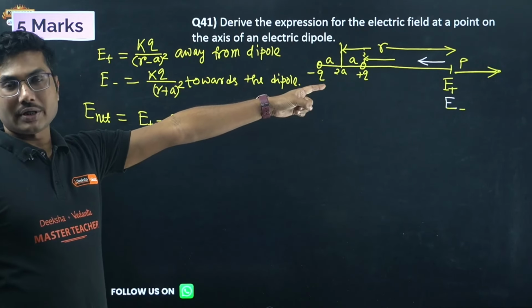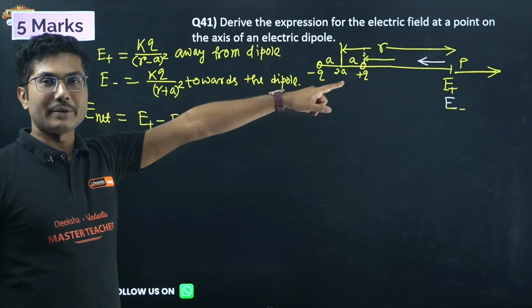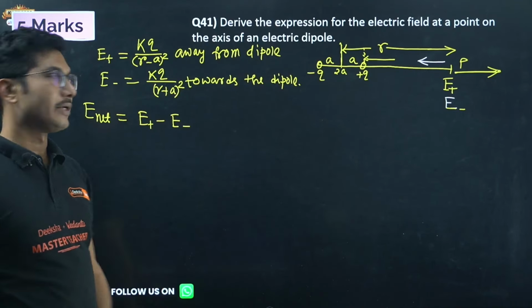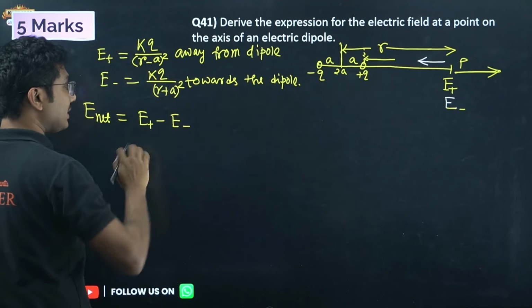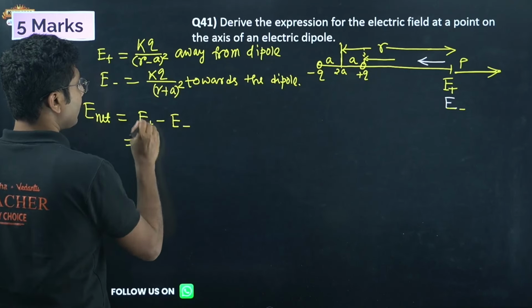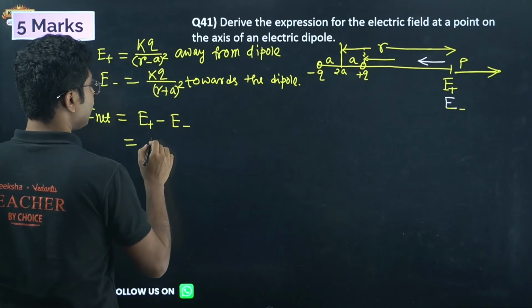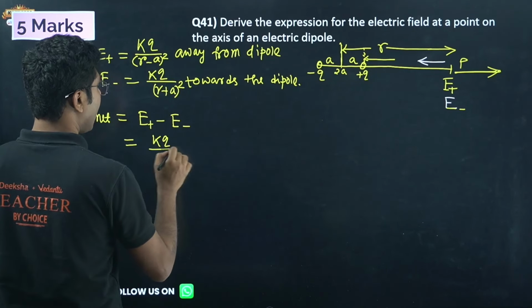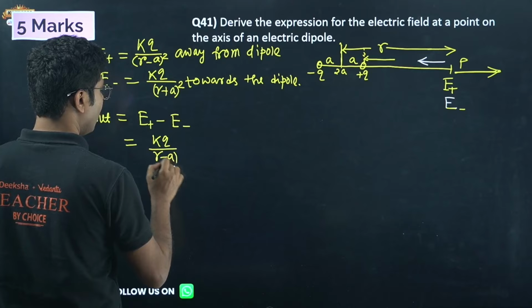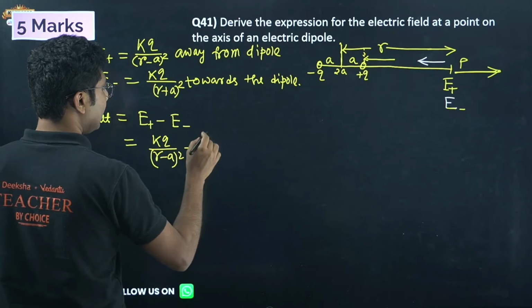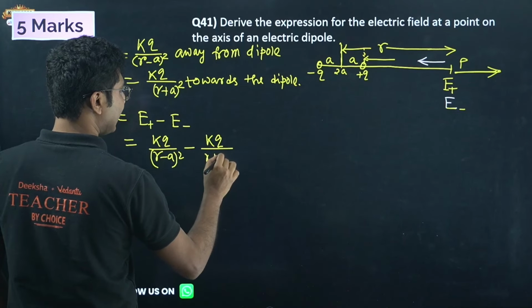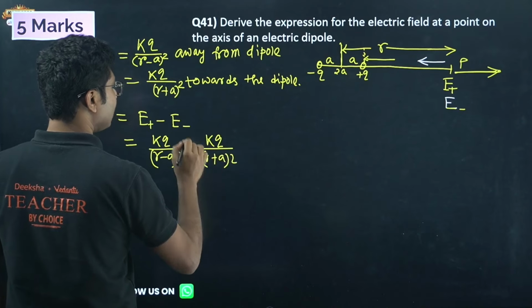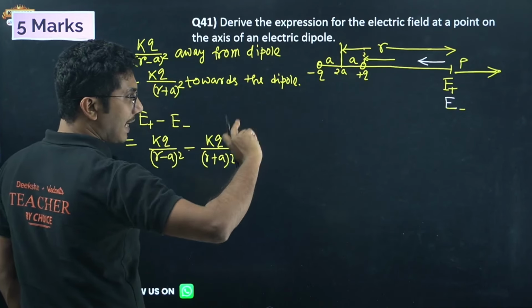Determine the direction, and based on the direction, whether they will be added or subtracted, you have to do that. Here it has to be subtracted because they are in the opposite direction. So E plus is kQ by (r minus a) whole squared, and E minus is kQ by (r plus a) whole squared. This minus is not because of the charge, it is because of the direction.